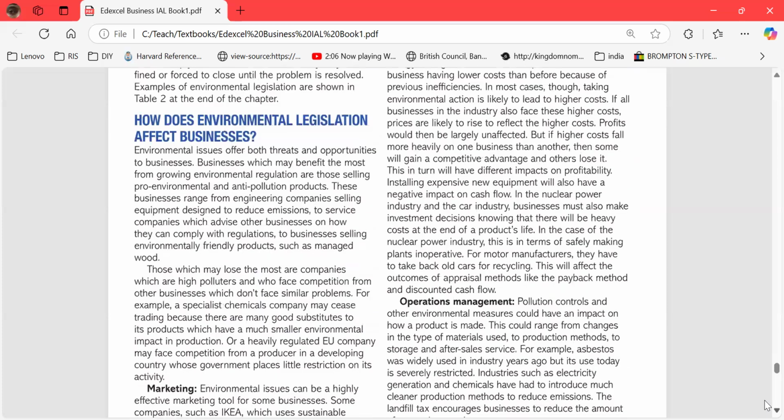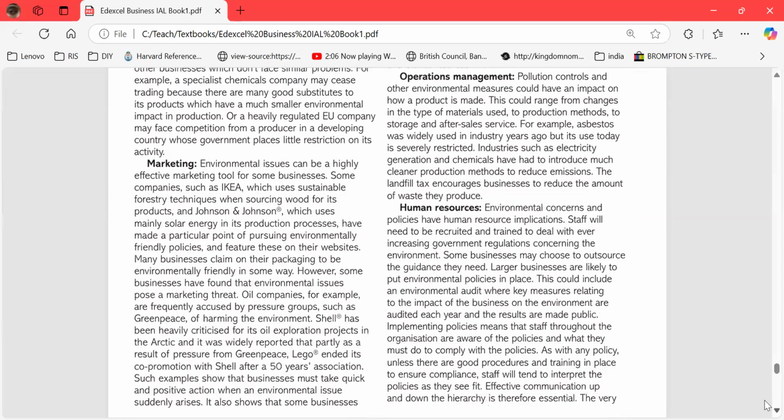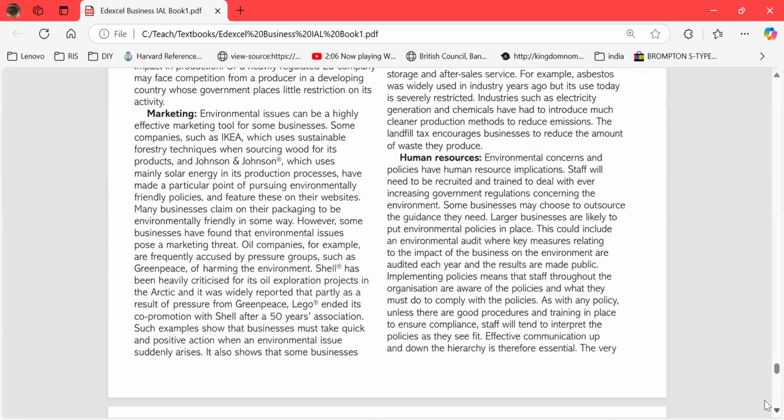So how is business getting affected? To comply with all those things, definitely production costs will increase. And over here, something is mentioned about marketing. Many people, all the businesses, are focusing on these environmental issues.